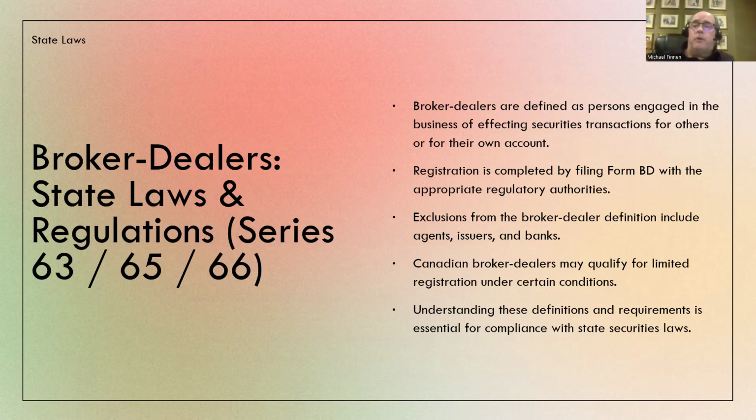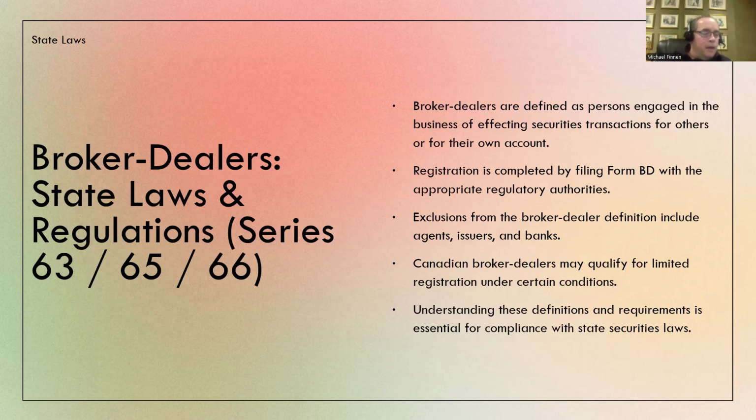The exclusions from broker dealers include agents, issuers, and banks. Let's talk about what that means. And this is the big point that I'm going to make as far as broker dealers, agents, investment advisors, and investment advisor reps. If you and I were just talking Wall Street, hanging out, having a couple beers, we are not going to talk about the broker dealer, agent, IA, IAR.